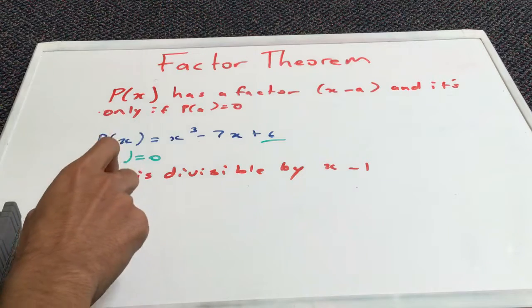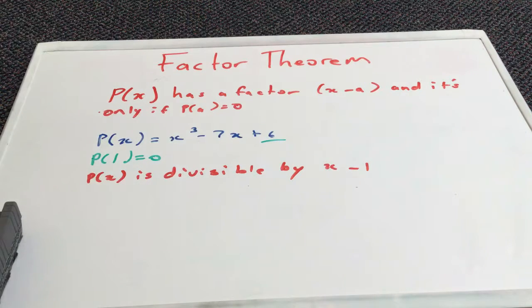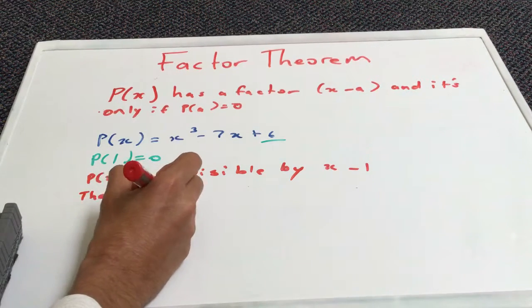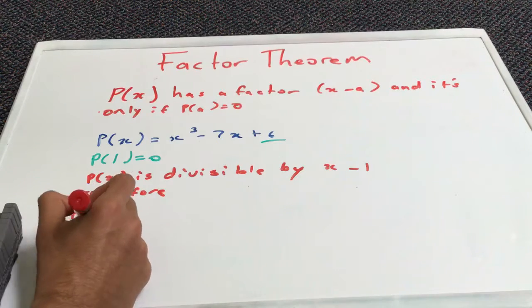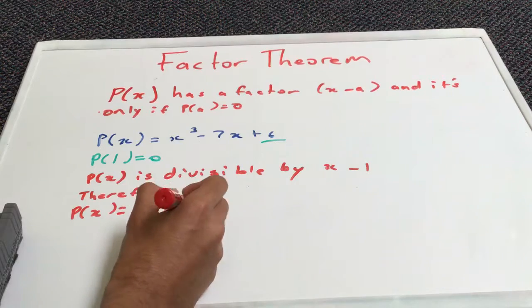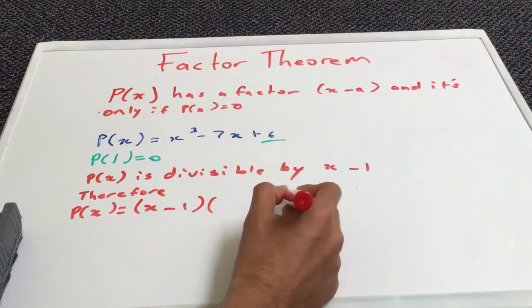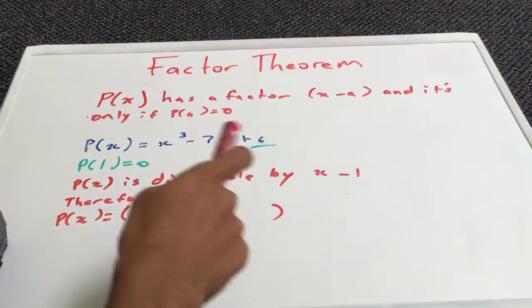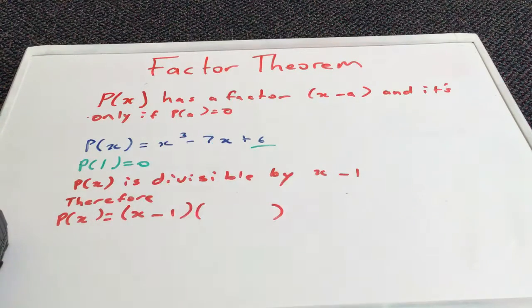So in this case, p of 1 and x minus 1. So p of x, we already know that x minus 1 is a factor. So basically we need to find this other bracket here. The only way to find this is to divide this by this.